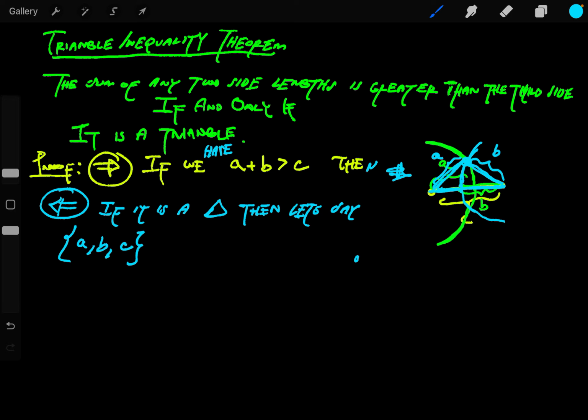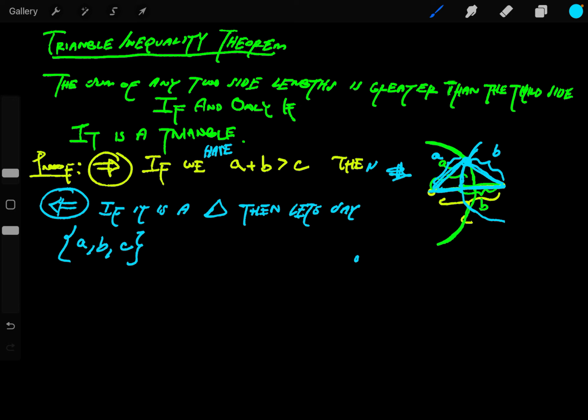Then you pick this as C, this would be B, this would be A. It's obvious that A plus B would be greater than C, but okay, let's just say that C is one of the larger ones. So we know that C is greater than or equal to B, which is greater than or equal to A, where there could be equality among these, but C will be the longest side.